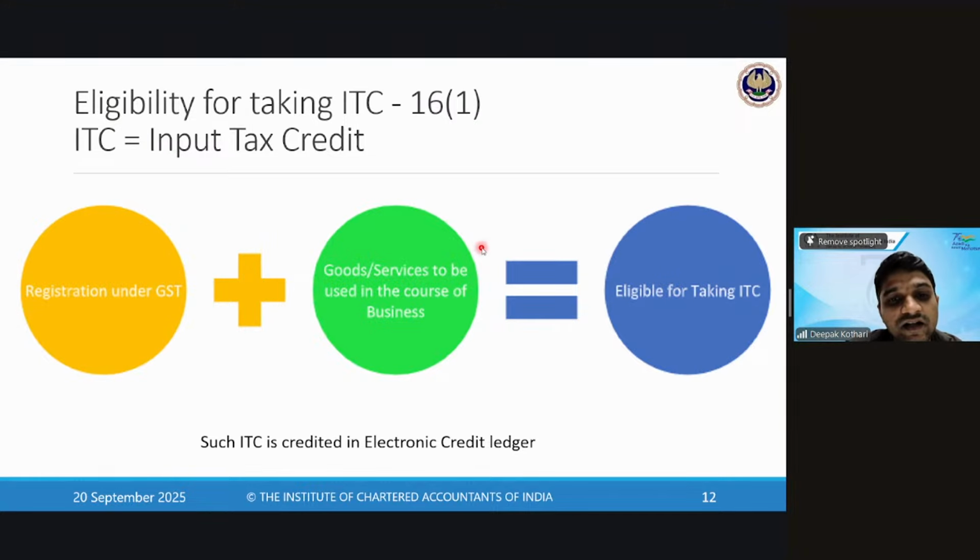Which return? The relevant return is GSTR 3B. Once you mention it in your GSTR 3B, then you can claim the credit. Clear?